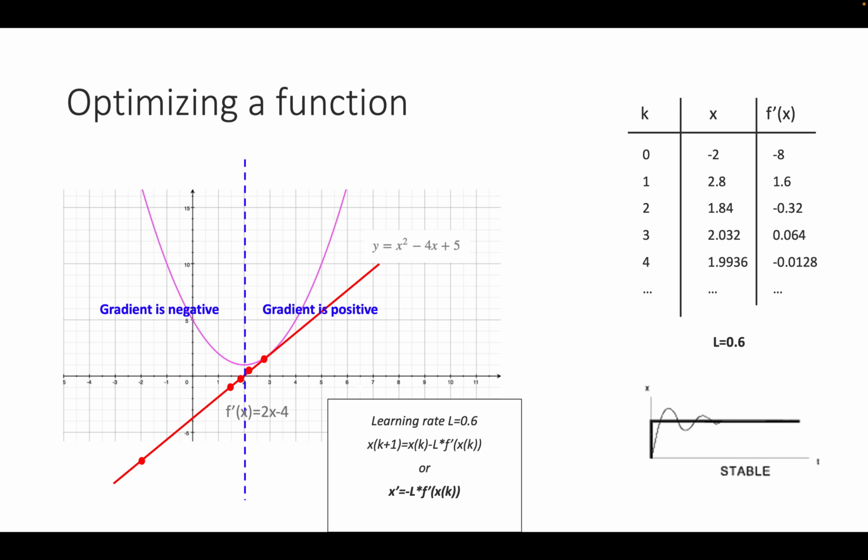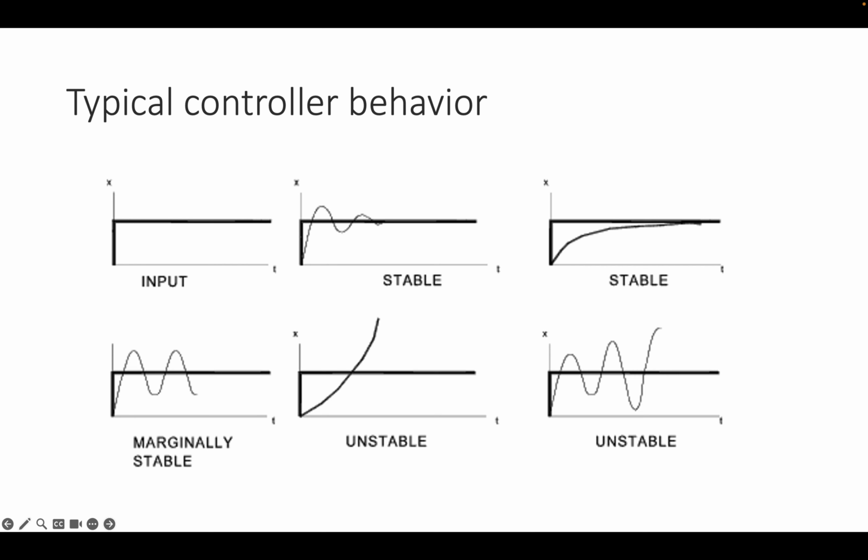We have then also looked at increasing that gain, increasing the learning rate, and what we have seen is that when you do that too much, the system starts overshooting. So here we are overshooting over the desired optimum and then have to go backwards, and you get something that looks like this. And as you keep doing this, you will eventually get marginally stable oscillating behavior and eventually unstable behavior.